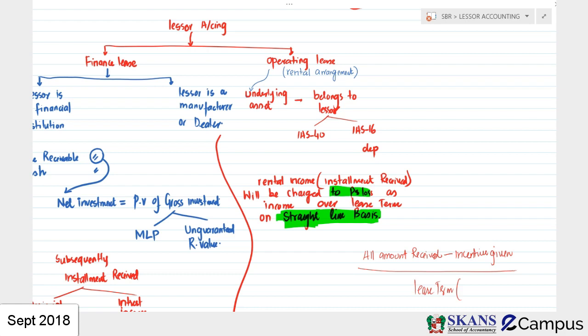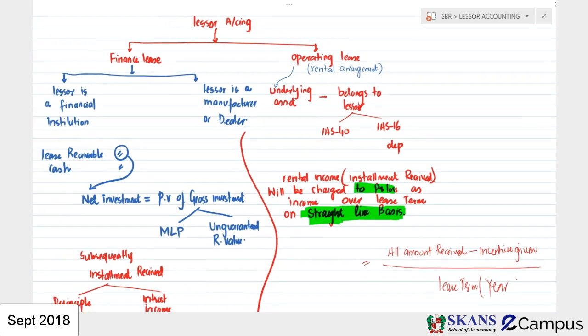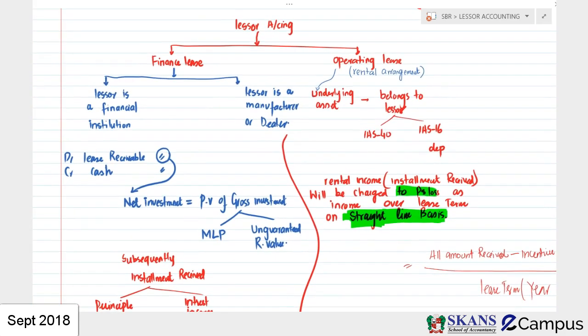If you divide by number of years, you will get per year income. If you divide by months, you will get per month income. After that, you will see how much income is going to be recognized in a particular year. So this is the treatment of an operating lease. Remember, no asset will be de-recognized from the lessor's books. It will remain in the lessor's books and any rental income will be treated as income on a straight line basis.